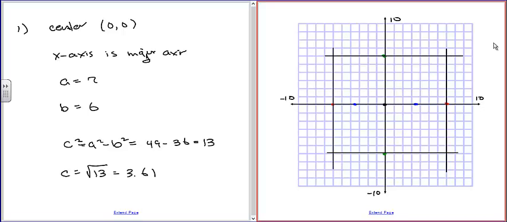Like that. Just a little bit. Okay, and then we can sketch it. At that point, you can sketch it so it's pretty close to a circle because a and b are close to the same thing. It's just a little bit stretched in the x direction relative to the y direction.